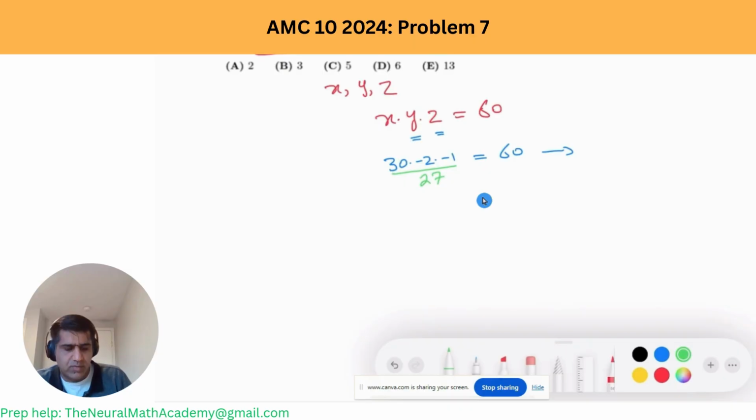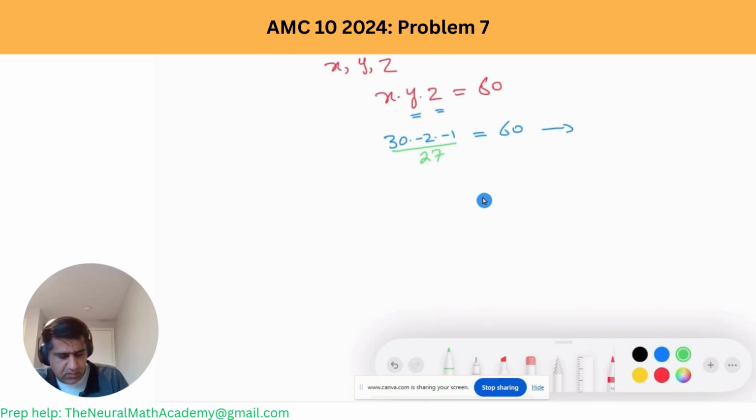So let's see what smallest possible we can have. We can start with 10. For 10 we can have -3 and -2. That is also equal to 60, and the sum is now 5. So now let's see what other options we have.